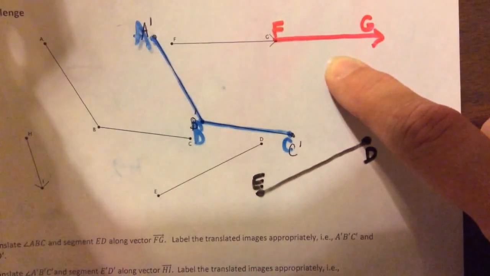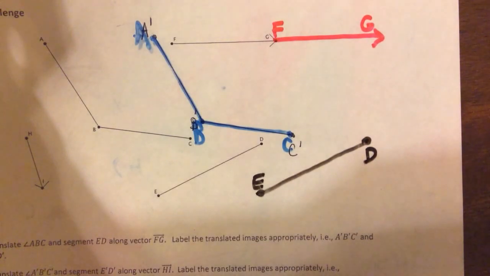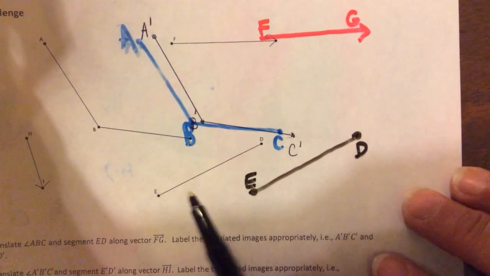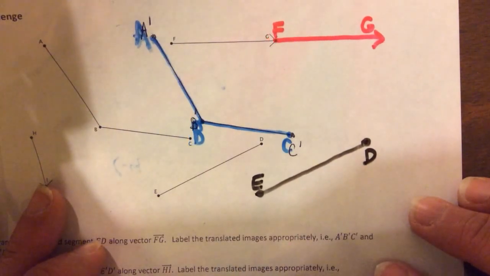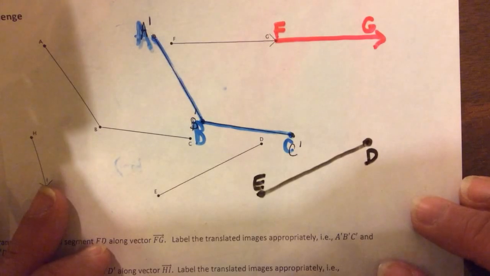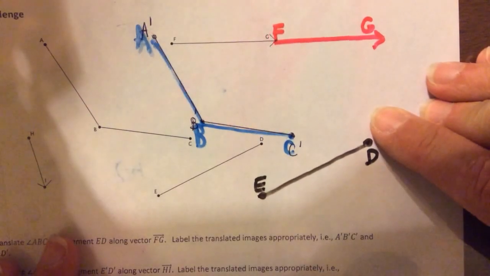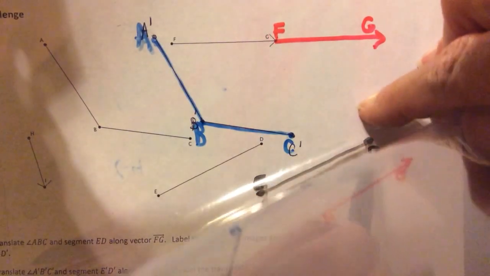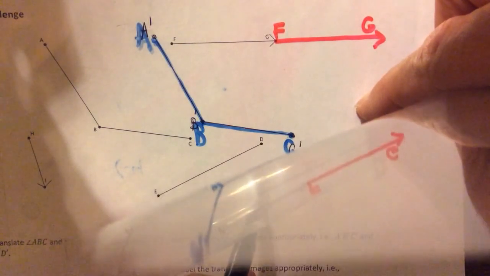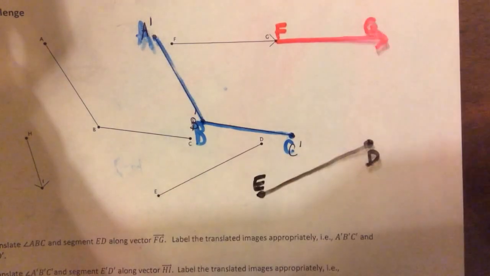Let me move back on the screen here so we can see where ED ended up. And I'm going to mark those points and then connect them. That looks good. Okay, so D is right here. E is right here.